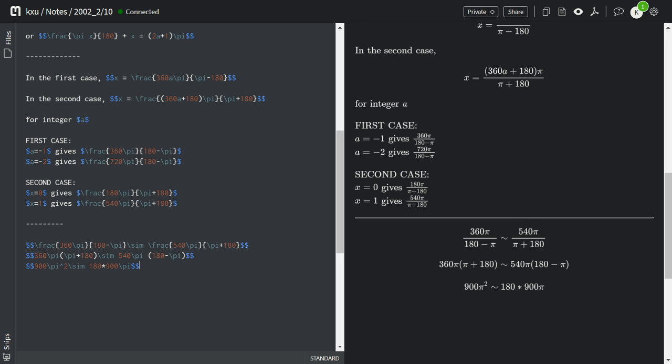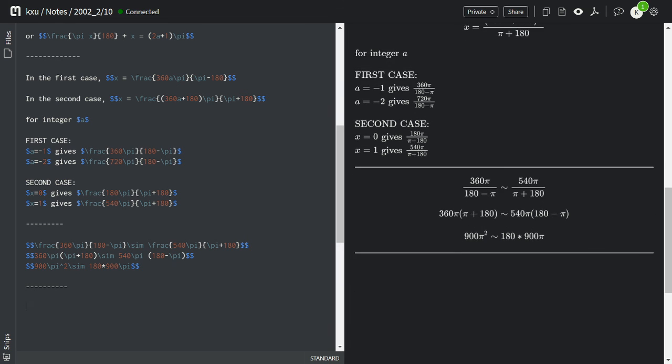Okay. And for the other two, we can just compare the numerators and denominators. So 720 pi and 540 pi, well, a equals -2 is bigger, and 180 minus pi versus pi plus 180, well, 180 minus pi is smaller.